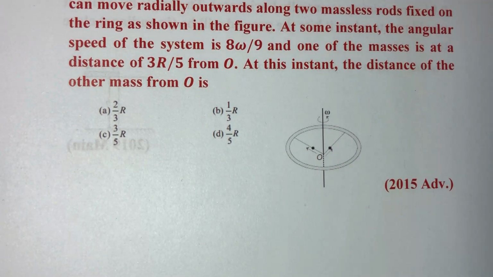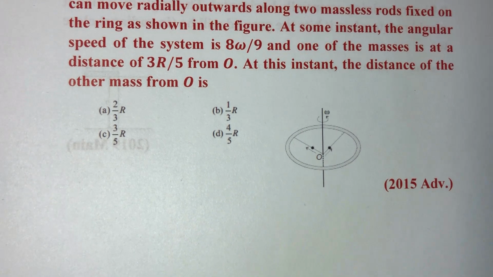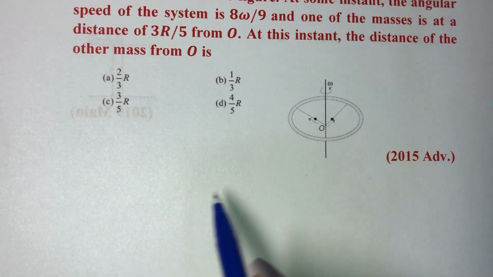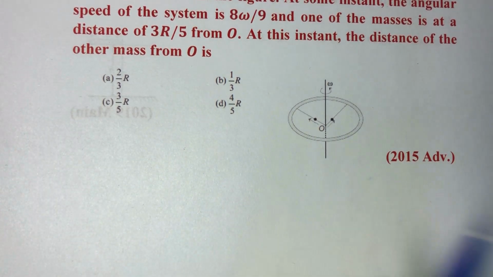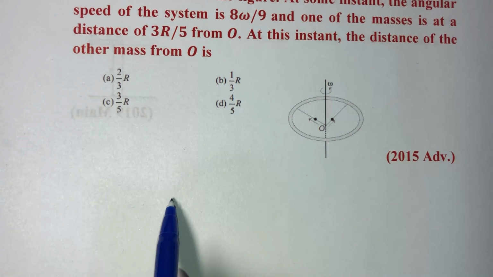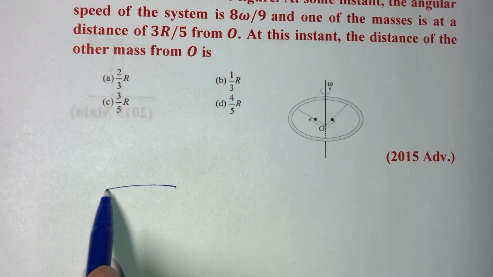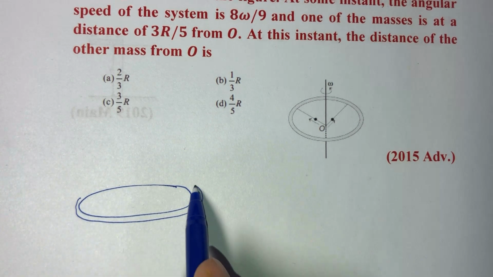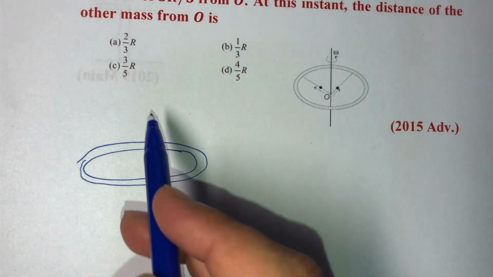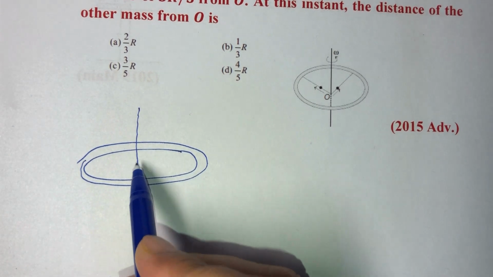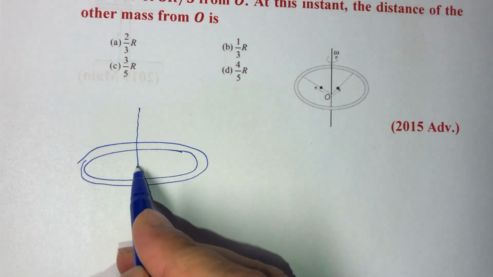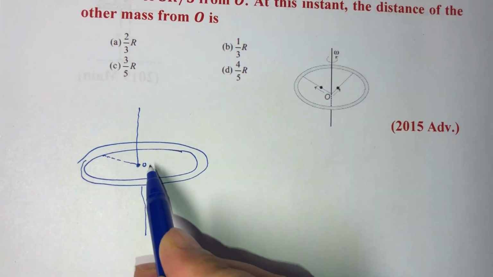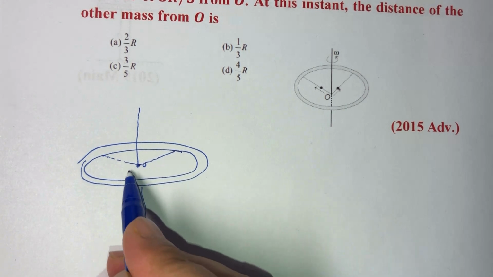So in this case, we are going to solve it by using the conservation of angular momentum. And let us redraw the figure as initial condition and final condition. So initially, this is a ring and it is rotating about its axis, which is passing through the center O, and there are two masses, and this is one massless rod and this is another massless rod.